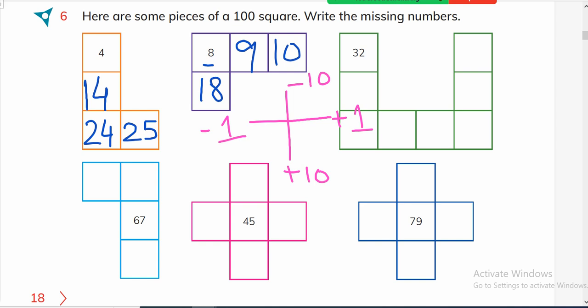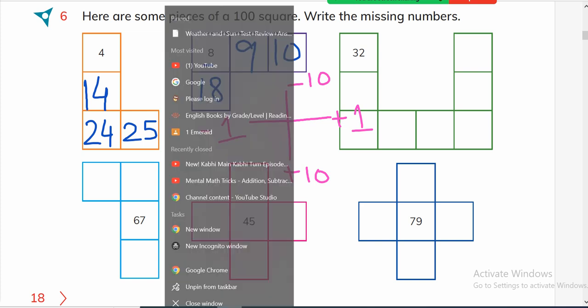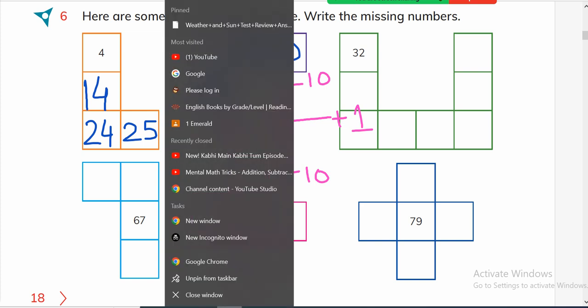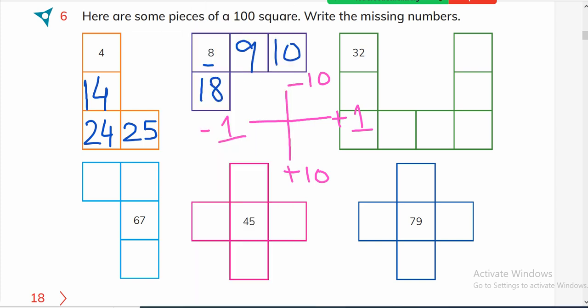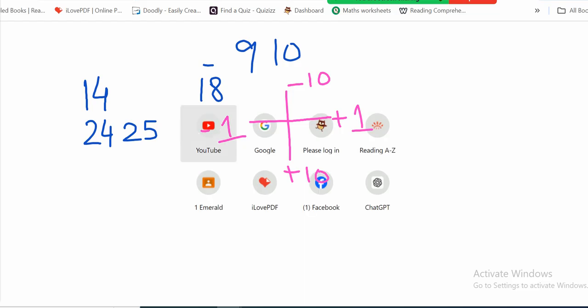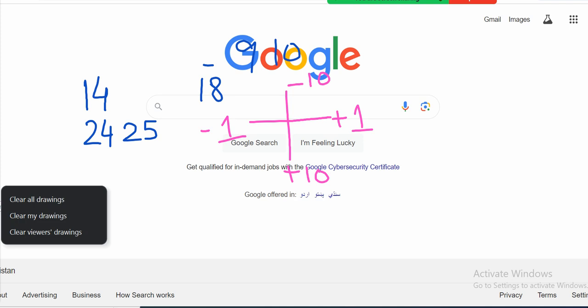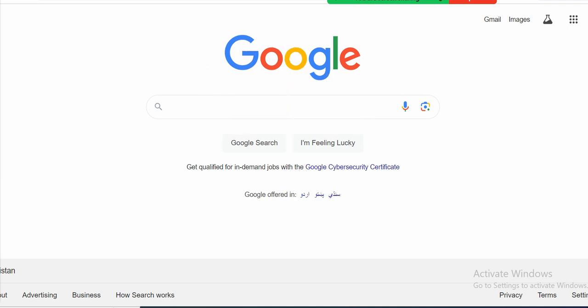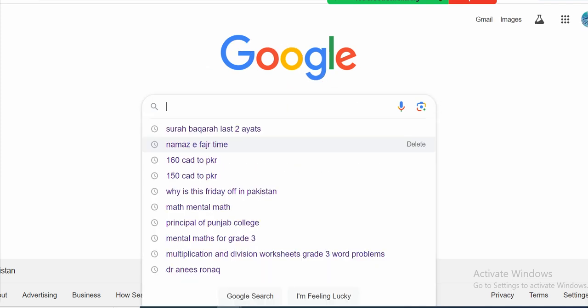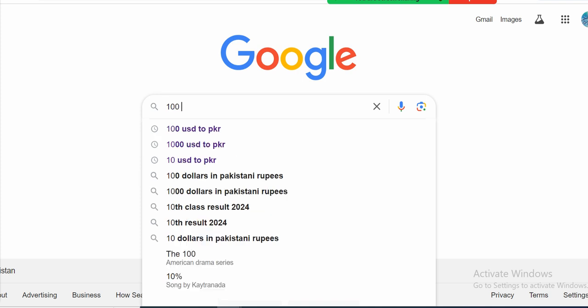Okay, if I show you a number grid, a hundreds grid, let's see if I can do it. Let me clear it. Hundred chart.